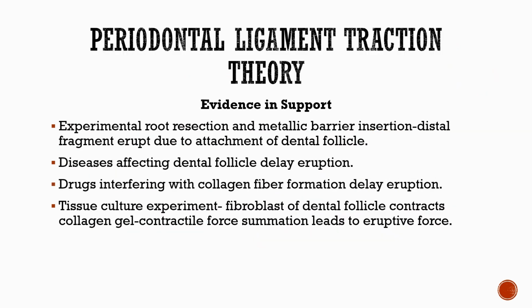Periodontal ligament traction theory: experimental root resection and metallic barrier insertion, the distal fragment erupts due to attachment of dental follicles. So it used the bone remodeling theory as a base, or it has a similarity to the bone remodeling theory.